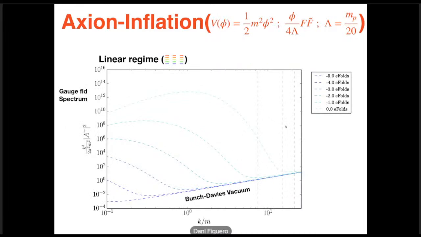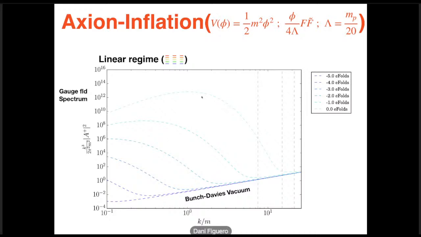So I'm going to count e-foldings using numbers as if we were in the linear regime, okay, from minus 6 e-folds to 0 e-folds. At minus 6 e-folds, in these scales I'm simulating, which are around the mass, the peak of the spectrum follows the horizon.